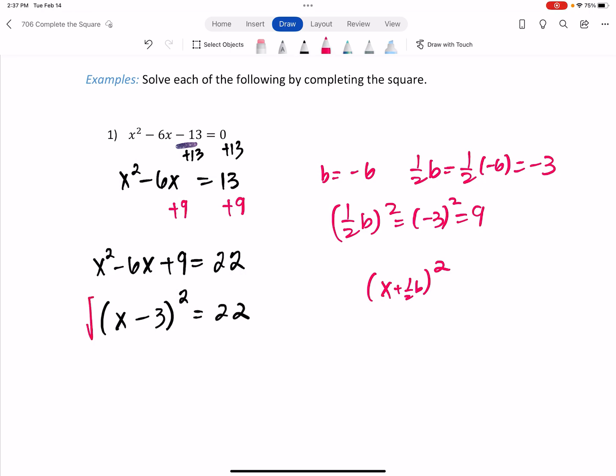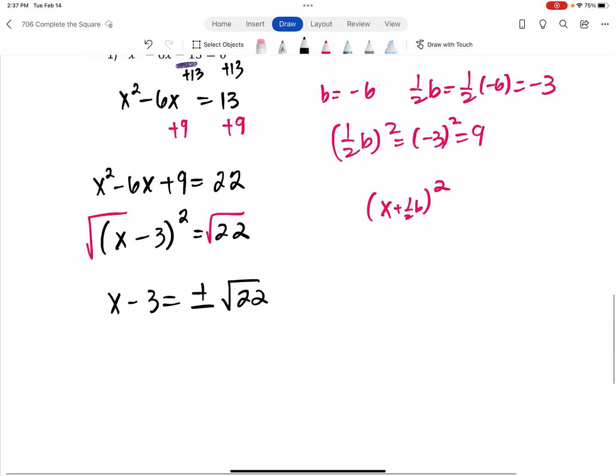Now I use the square root property. I take the square root of both sides. I get x minus 3 is plus or minus square root 22. I'm trying to solve for x, so add 3 to both sides, and I get x equals 3 plus or minus the square root of 22.